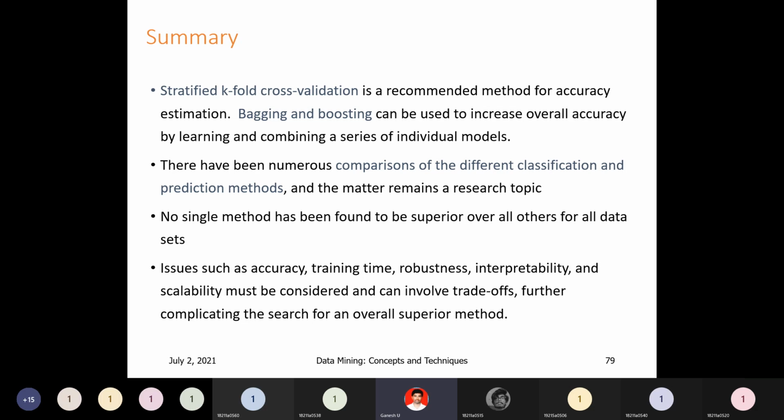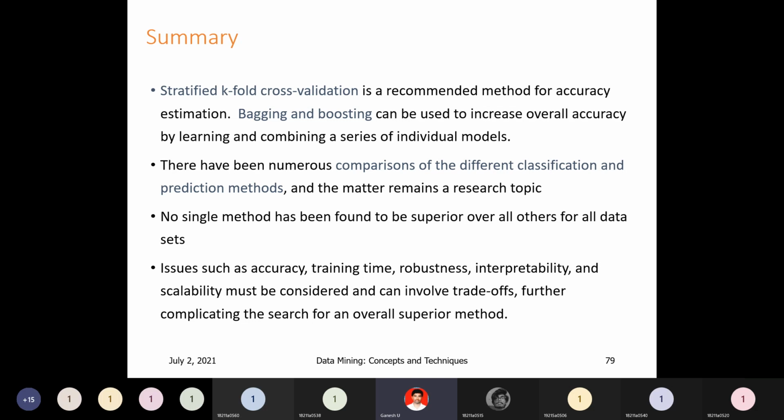Because only if the user understands the algorithm can they follow it. If the user cannot understand the method and any error occurs, the developer cannot rectify the problem. That's why interpretability, understandability, is important. Scalability: it has to be applicable to large data sets also.